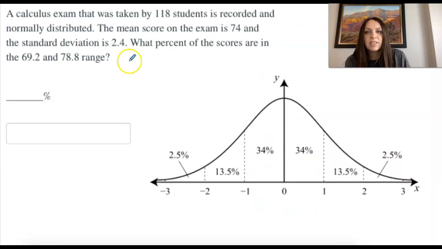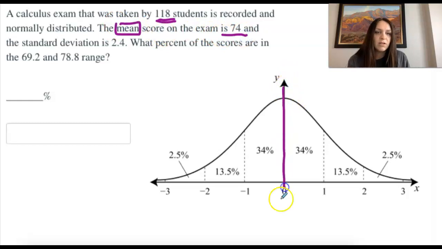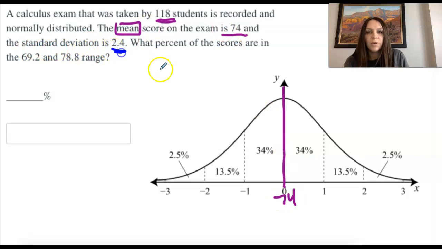Okay, a calculus exam that was taken by 118 students is recorded and normally distributed. So this is our total. The mean score is 74, so that's the middle. And the standard deviation is 2.4.